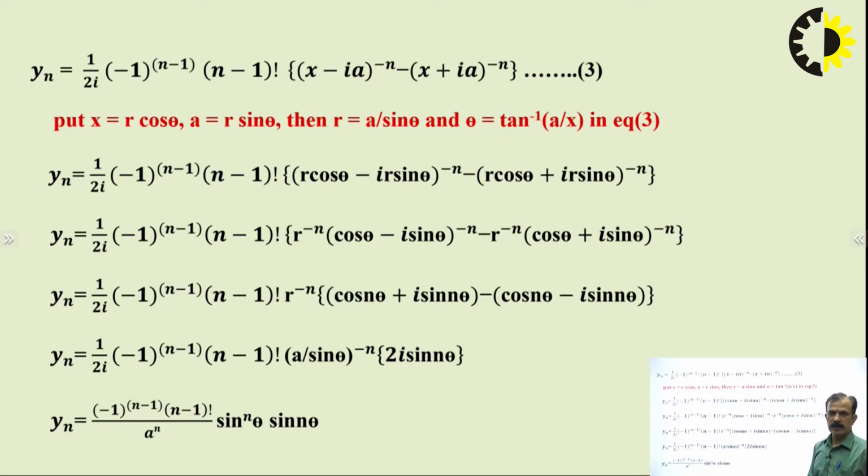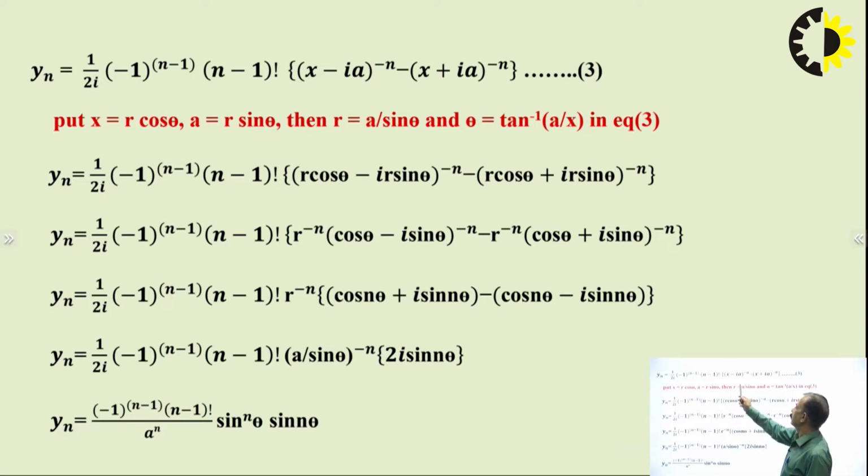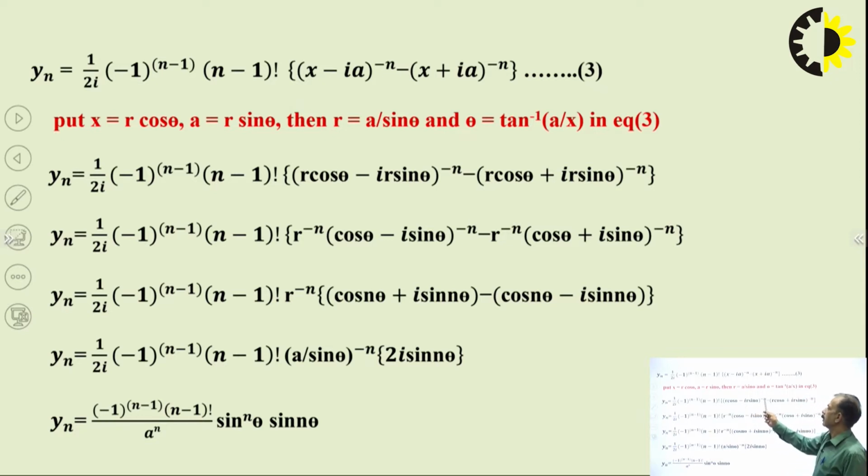Putting these values in equation 3, we have the nth derivative as 1 upon 2ia into minus 1 raised to the power n minus 1 into n minus 1 factorial, times (r cos theta minus i r sin theta) whole raised to the power minus n, minus (r cos theta plus i r sin theta) whole raised to the power minus n.